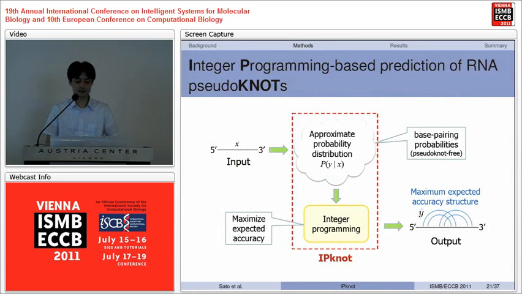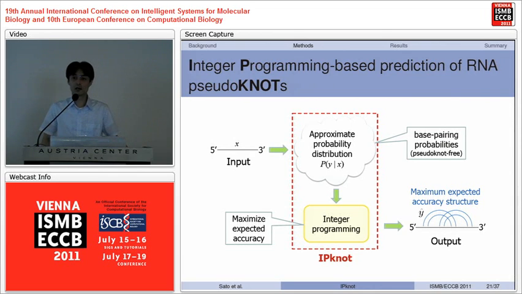Let me summarize our method. For our input sequence, we approximate the posterior probability distribution over pseudoknotted structures by its factorization. Each factor is a probability distribution over pseudoknot-free structures.